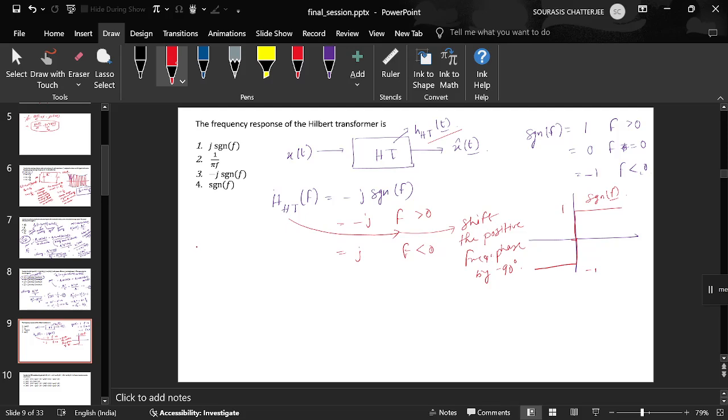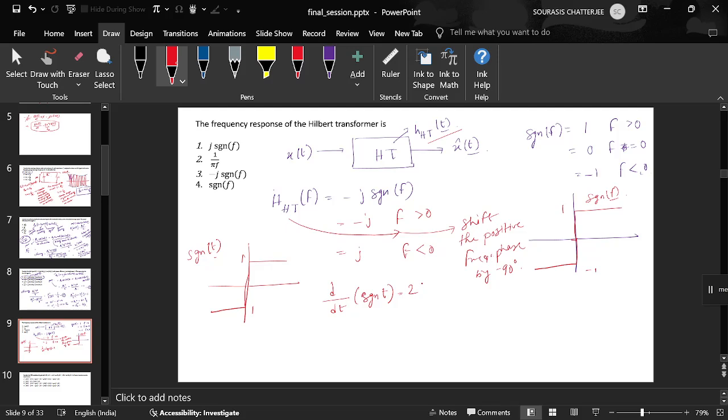So for example, let's say I have this function sign t, which has again the same diagram. You can see if I take the gradient of this, what it's going to be. This part is flat, so the gradient is 0. This part is flat too, and there is a sudden jump here, and the jump length is 2.